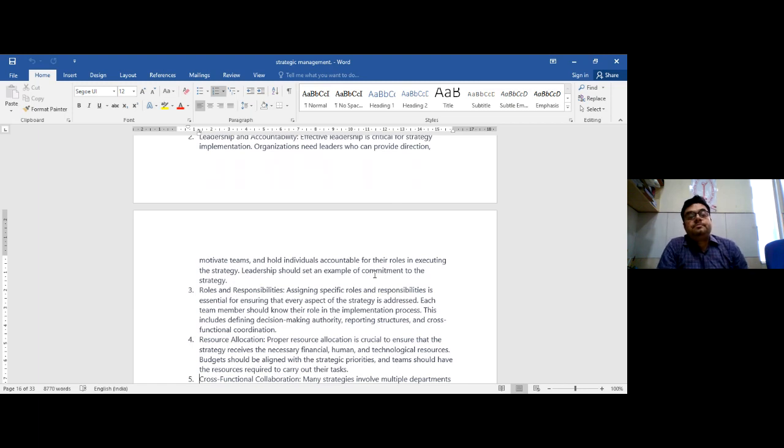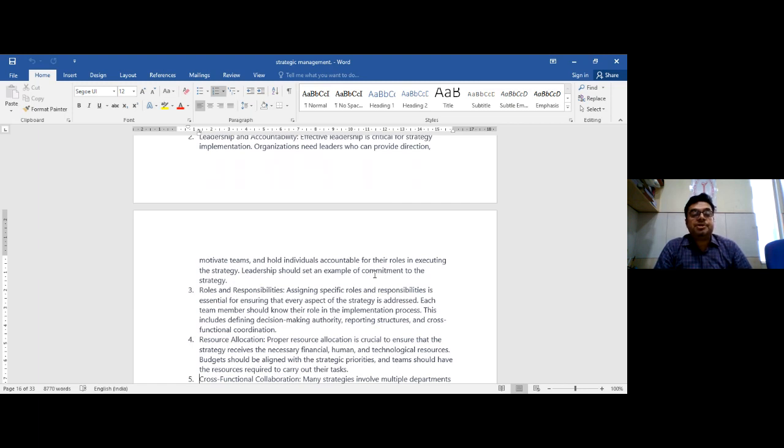So each team member needs to identify their roles in the strategy implementation process. This would include defining or identifying the decision-making authority, the reporting structures, the cross-functional coordination that exists, etc.